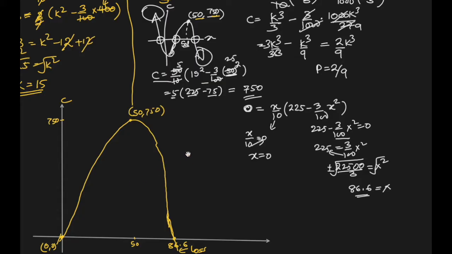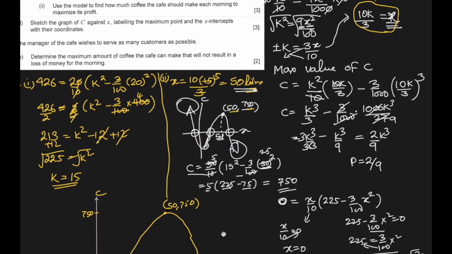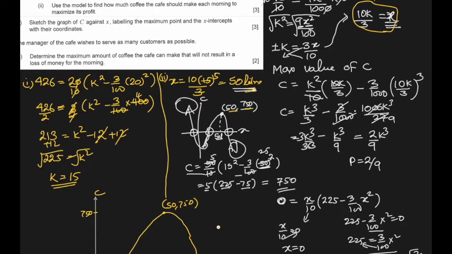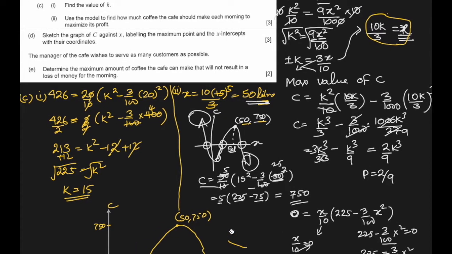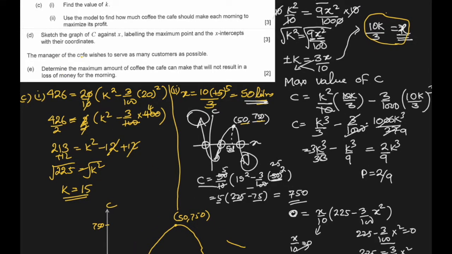Let's go back to the question, what else they were asking. Labeling the maximum point, we have done that. The x-intercepts with their coordinates, done that. The manager of the cafe wishes to serve as many customers as possible. Determine the maximum amount of coffee the cafe can make that will not result in any loss.